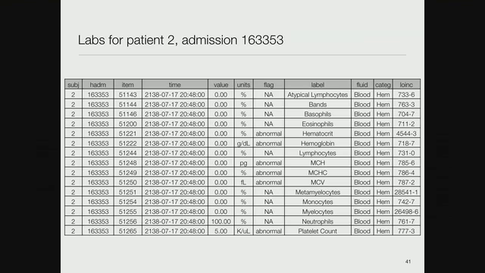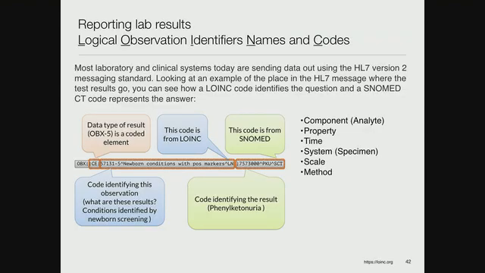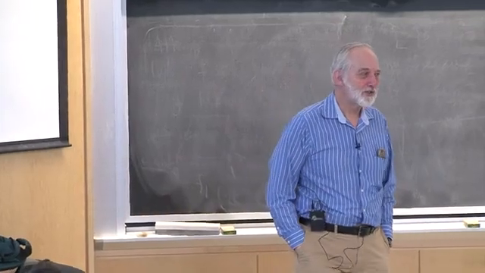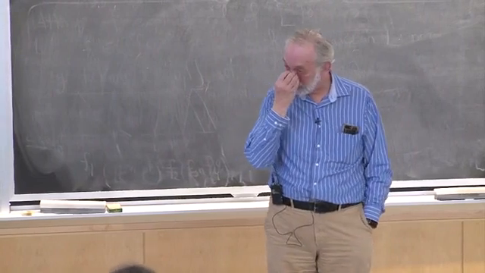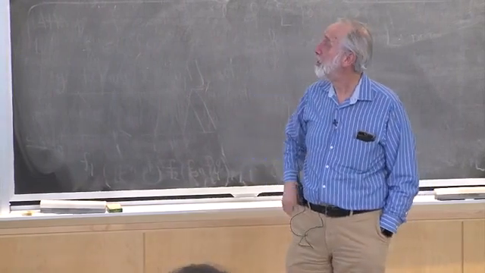Just the fact of the label tells you what the result of the test was. The other thing that's interesting is this last column, which is LOINC, and I'll say a word about that right now. LOINC is the Logical Observation Identifiers, Names, and Codes. It was developed by our colleagues at Regenstrief Clinic in Indiana about 15 years ago, maybe 20 years ago at this point.